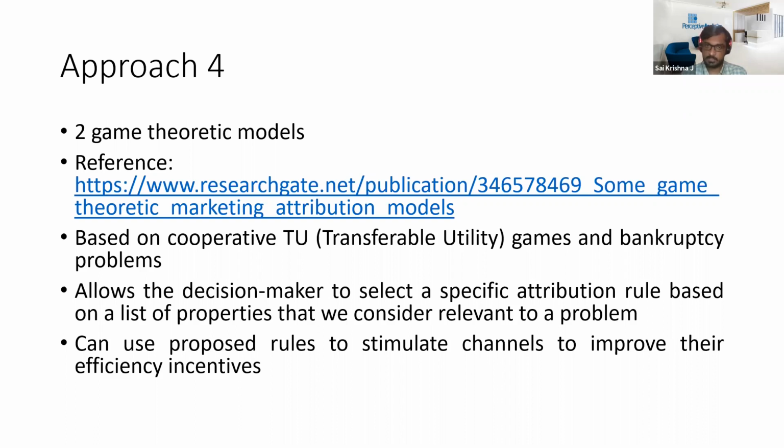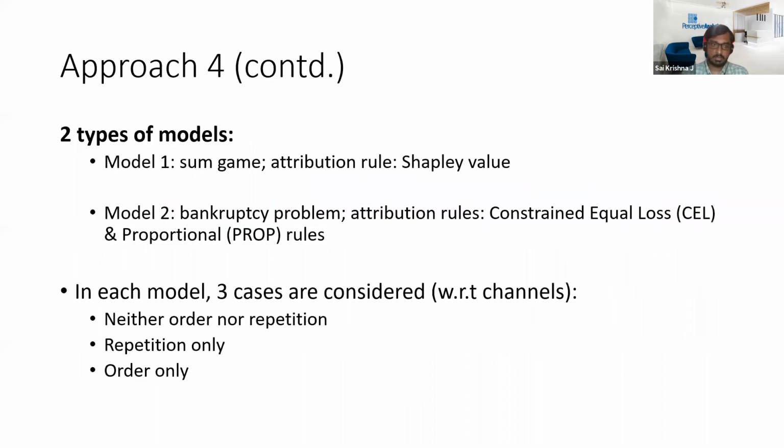So the advantage of using the fourth approach is that it allows you to perform this kind of what-if analysis, or a scenario analysis, if you will, which will help you determine which could possibly be an efficient channel for you tomorrow. So not only does it tell you what is good today or which channel works for you today, but you can also use it to determine what sort of proactive steps you can take in the future. That is the basic overview of the fourth approach.